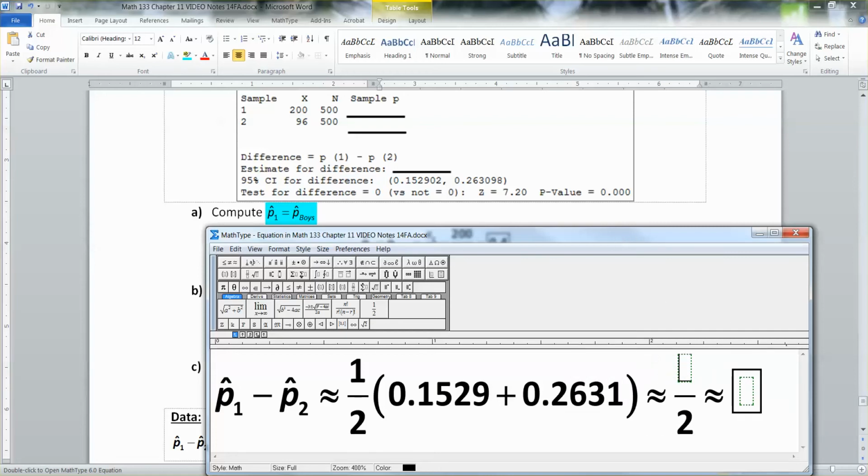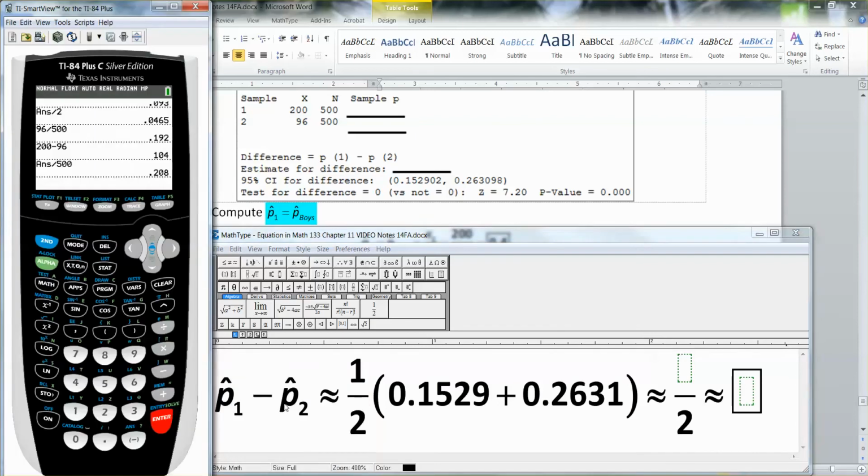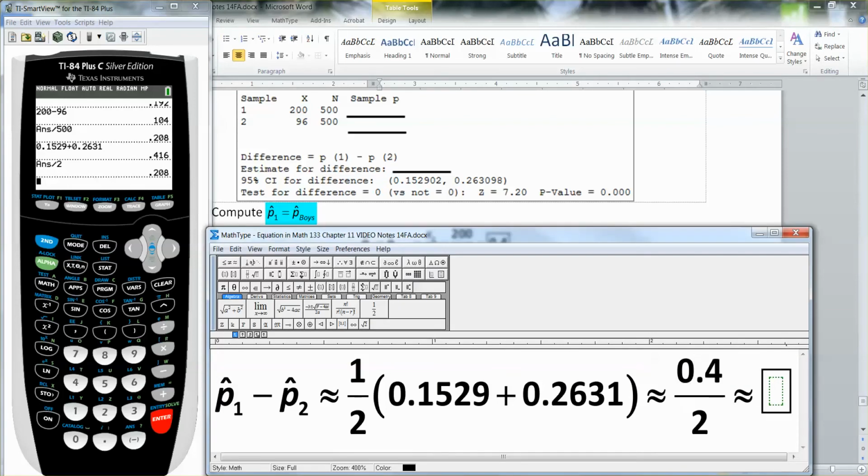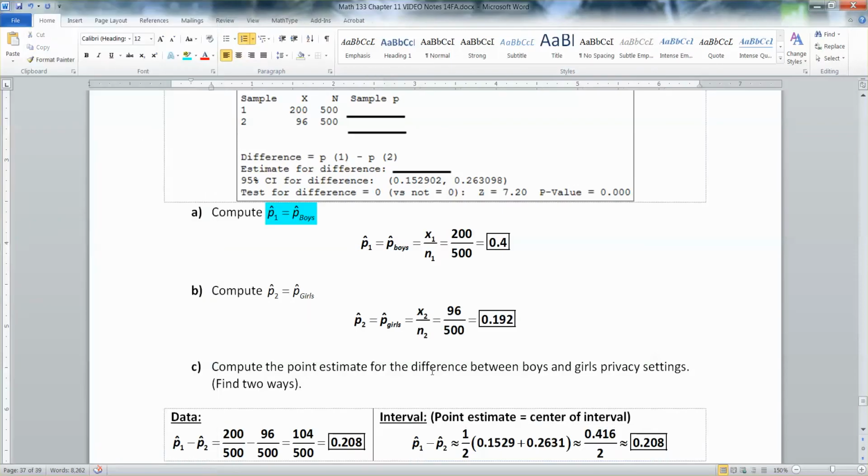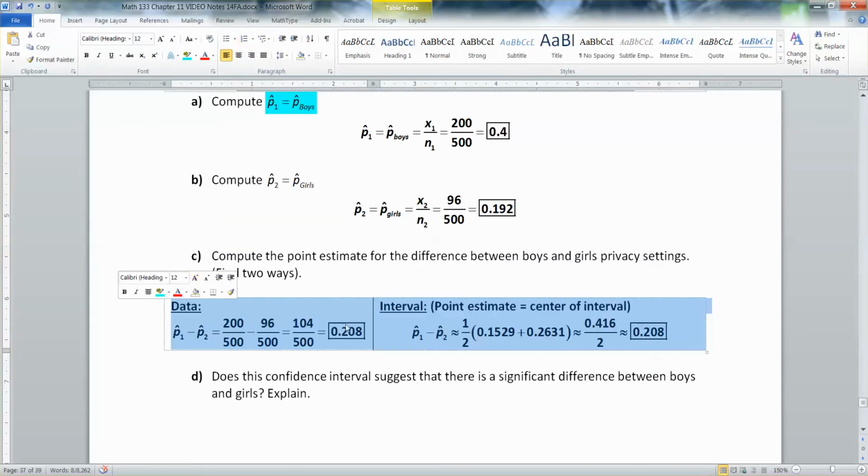I'm going to add those two numbers up, and then I'm going to divide them by 2. 0.1529 plus 0.2631 makes 0.416. I cut it in half, and I get 0.208. Same number for both of them. Well, that's a good sign.